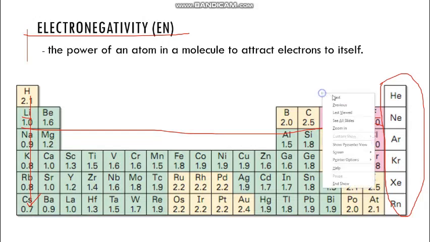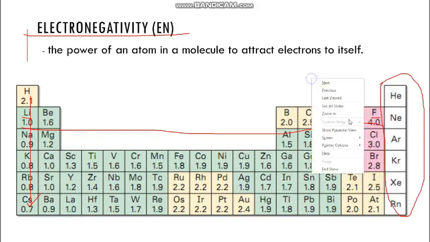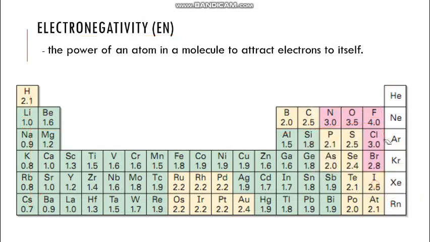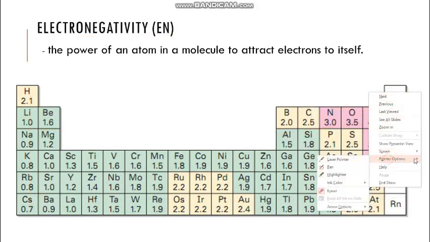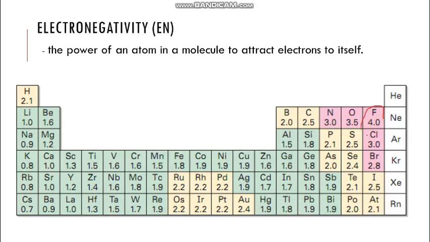So, fluorine has the highest, or the most electronegative, with a value of 4.0, and cesium is the least electronegative.